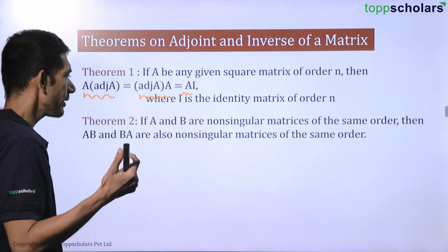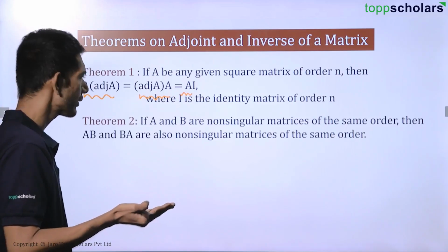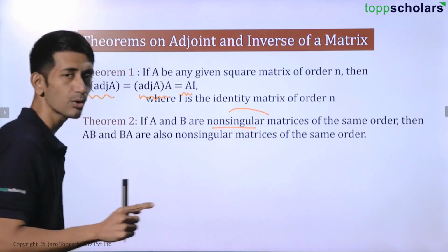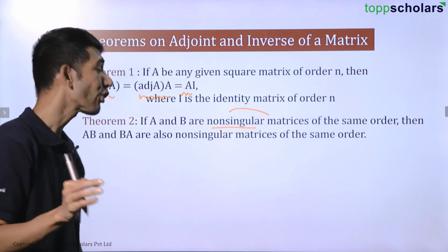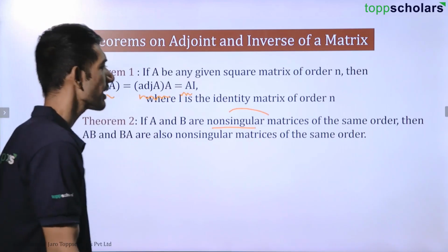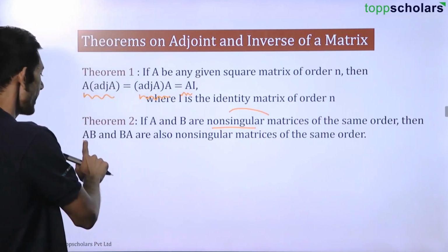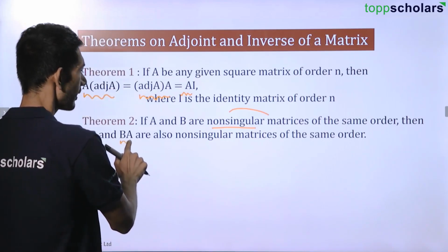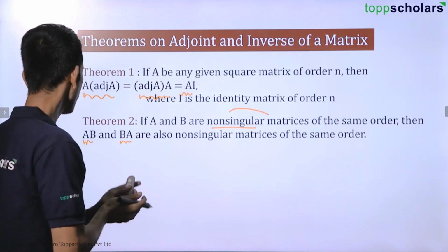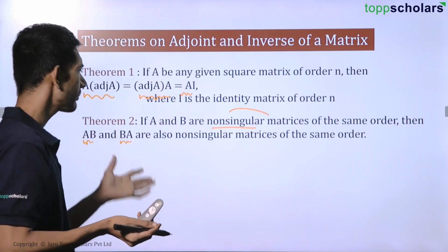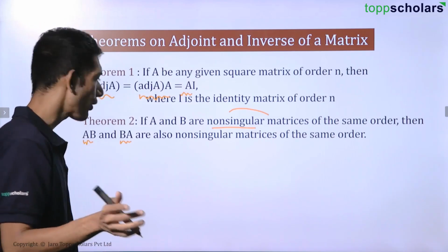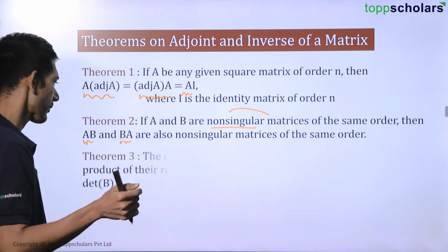Second theorem or property. Anyway, you are not going to have a question directly on this. If A and B are non-singular matrices, that means the determinant is not 0, of the same order, then AB and BA are also non-singular matrices of the same order. That means if you multiply A and B or you multiply B and A, they are also going to be non-singular matrices of the same order. The order is not going to change.